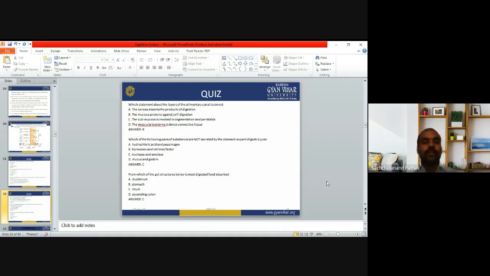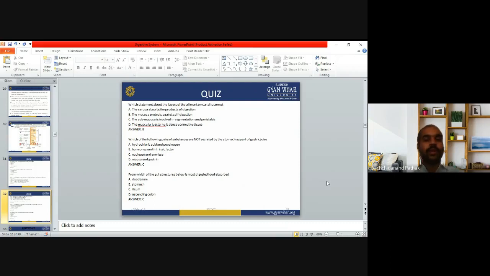B. The mucosa protects against self-digestion. C. The submucosa is involved in segmentation and peristalsis. D. The muscularis externa contains connective tissue. So among all four, B is correct. The mucosa protects against self-digestion.